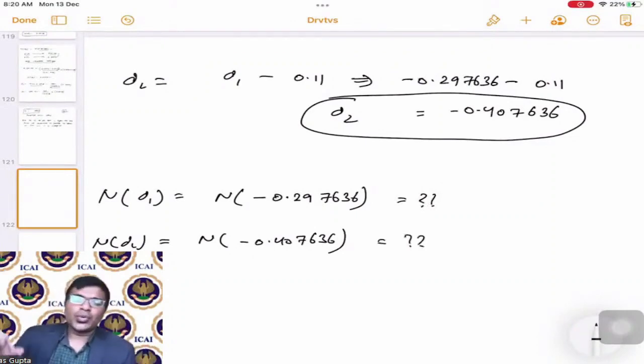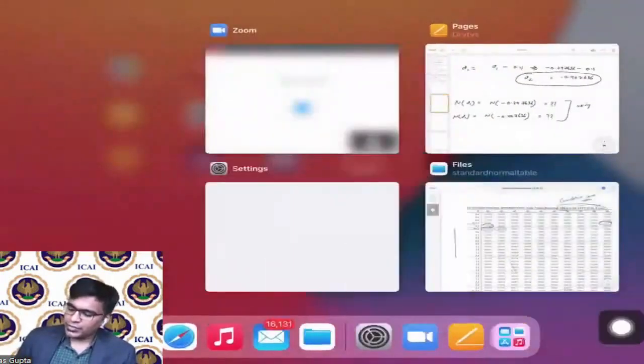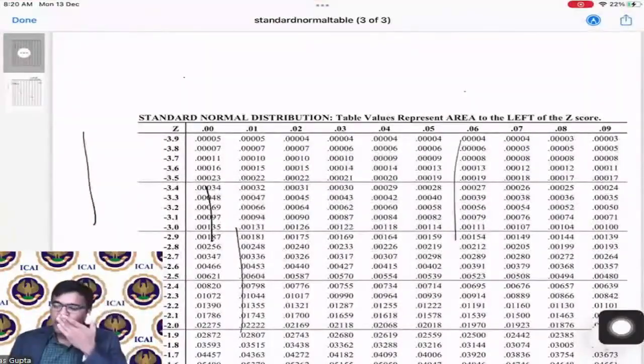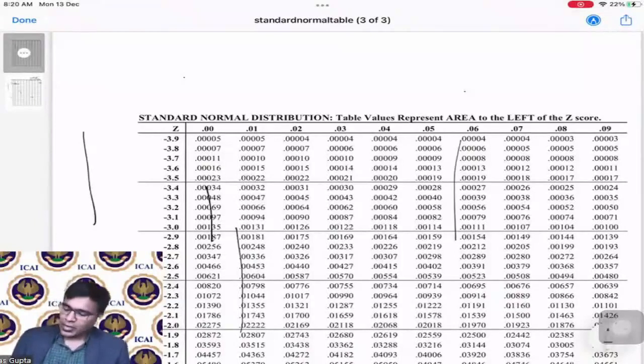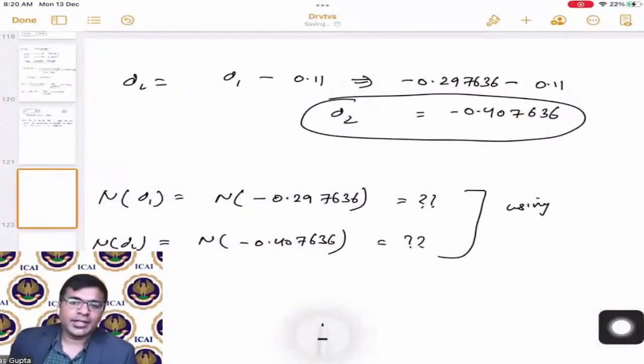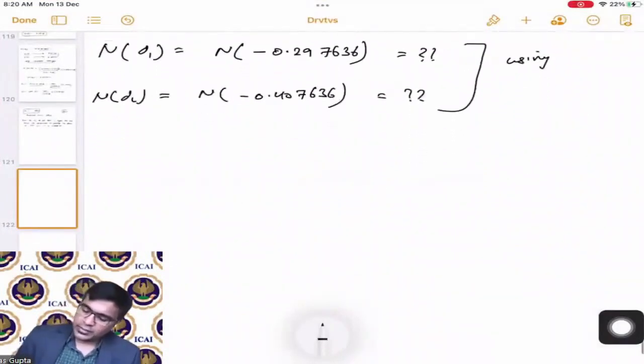I'm not going into using the interpolation technique again because that will prolong the entire thing. You just try this part at home using the interpolation technique. So just like we have a positive table of standard normal distribution, we have a negative table also, this one. So from this, you find out the negative value for the particular range that will be used in N(D1) and N(D2) using the table.